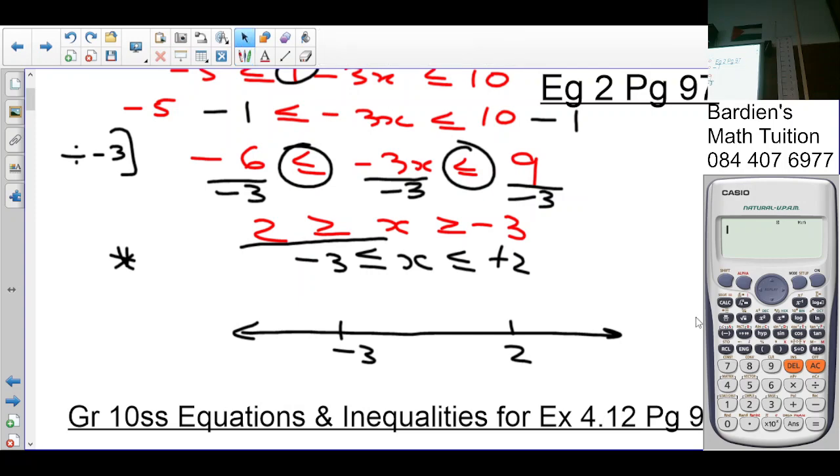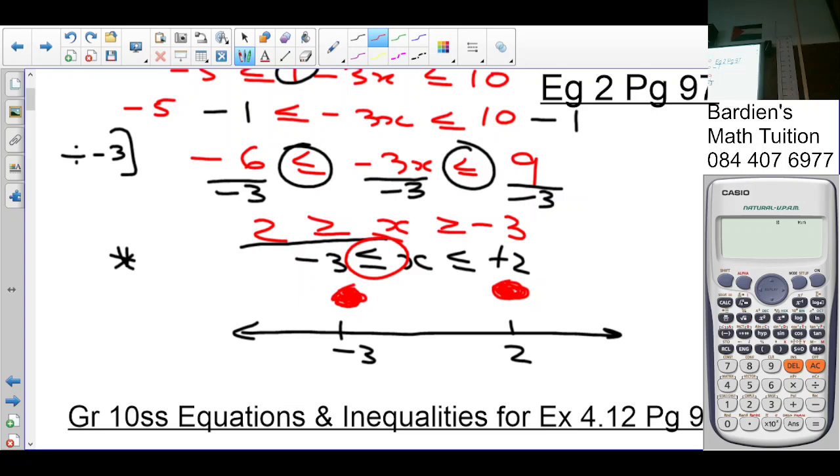Open or closed circle at negative 3? Closed, because it's inclusive. And at the 2? Closed. Can you see that?